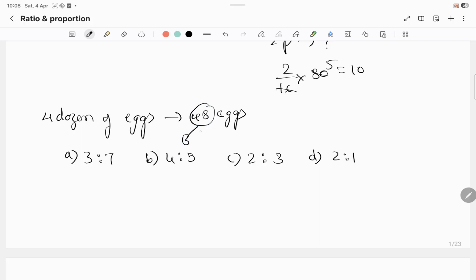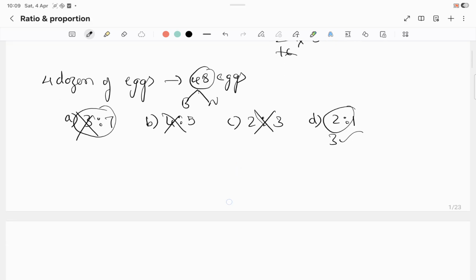In this, broken are there, normal were there. 3 plus 7 is 10, 10 cannot divide this 48. 4 plus 5, 9 cannot divide this 48. 2 plus 3, 5 cannot divide this 48. But 2 plus 1, 3 can divide this 48. So that is our answer. Means definitely that ratio parts should divide that given number.